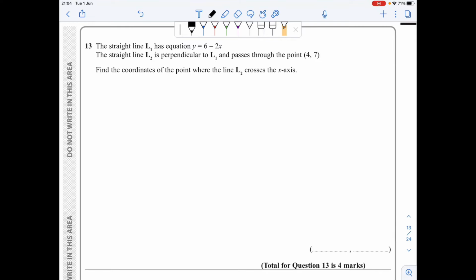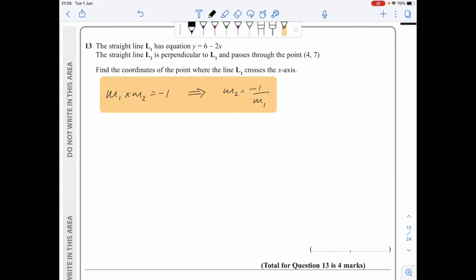For question 13, let's first remind ourselves of a rule regarding perpendicular lines. If two lines are perpendicular, the product of their gradients is -1, and this can be arranged to get M2 equals -1 over M1.